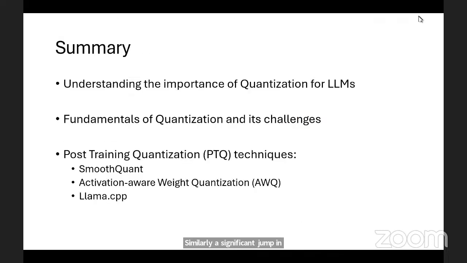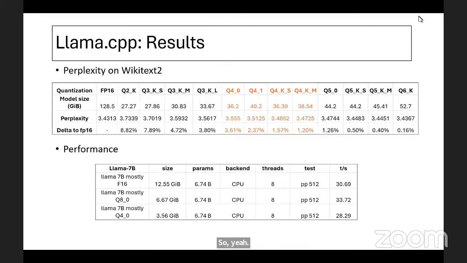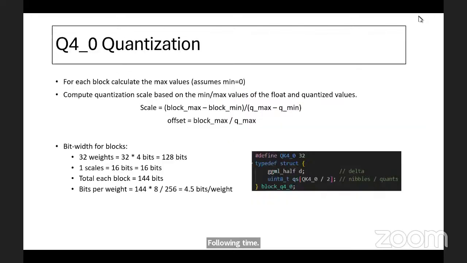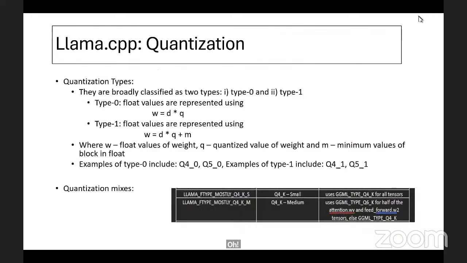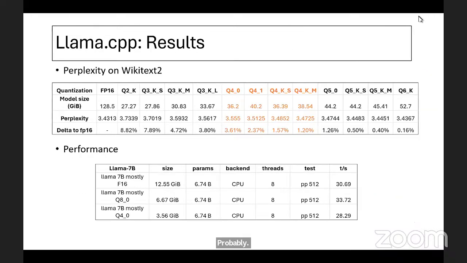Okay, that's a good point. Here, if you look at these, there are different quantization schemes. 2, 3, 4, 5, 6 stand for the number of bits used to represent the weight.